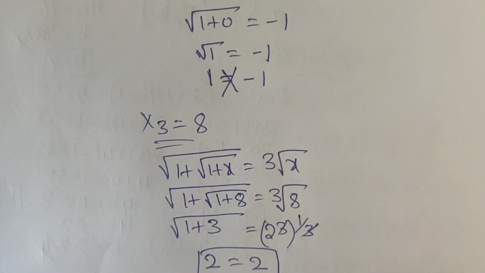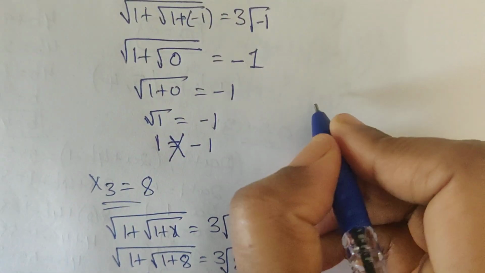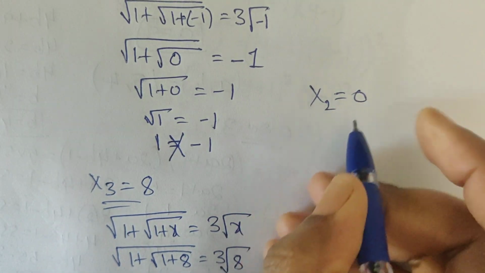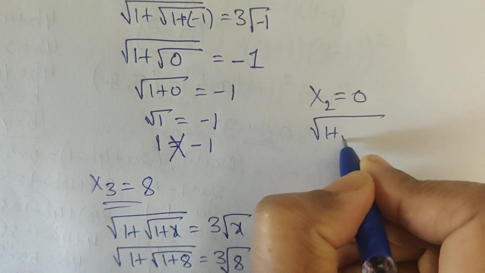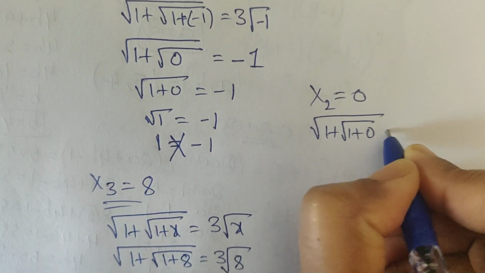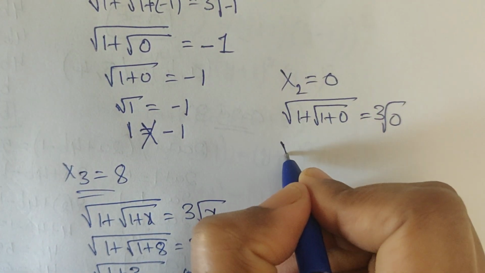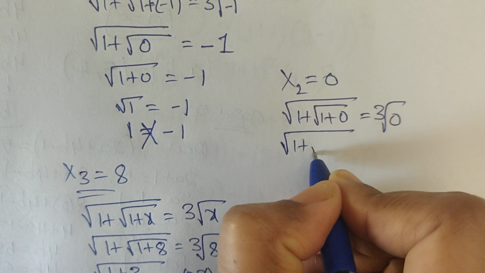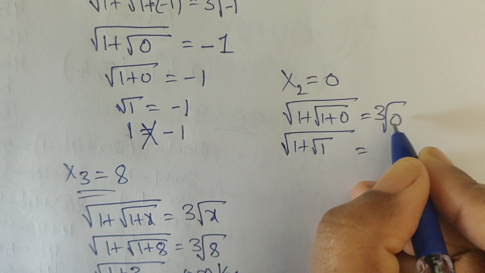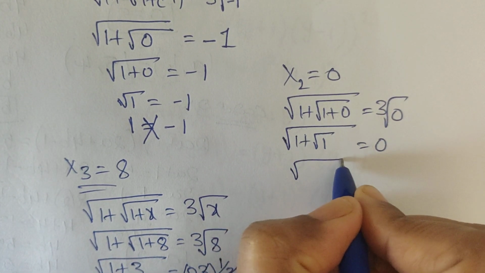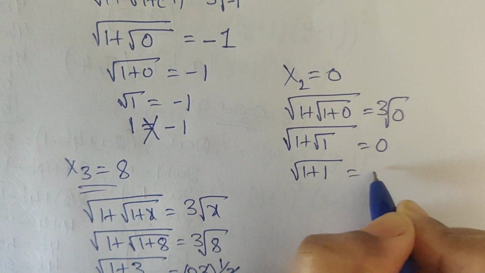So now x2 equal to 0. Square root of 1 plus square root of 1 plus 0 equal to cube root of 0. So here square root of 1 plus square root of 1 is equal to cube root of 0 which is equal to 0. So 1 plus 1 is equal to 0?